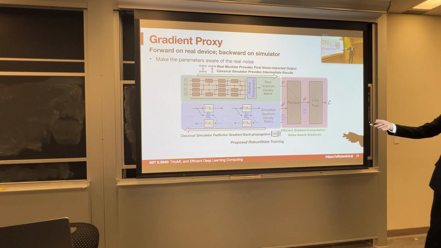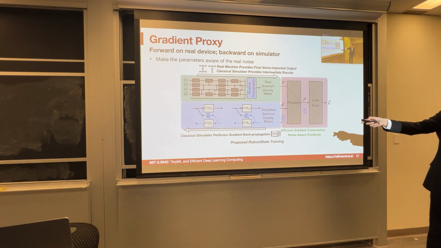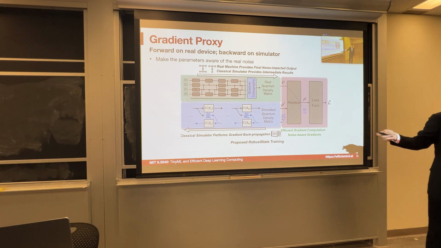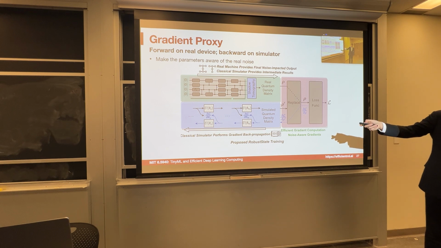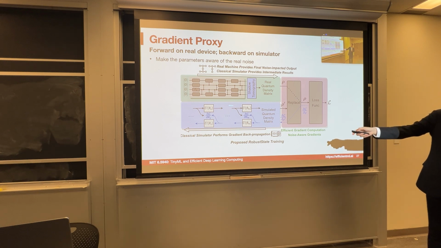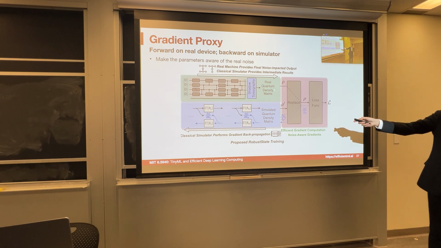And then we can run another simulation in parallel with the real execution of the circuit. Say there are 4 layers here, then I can run the classical simulator for 4 layers and also obtain a density matrix from the simulation. So that's 2 parallel processes: one is the actual device running, another is the simulation. But the simulation doesn't have any noise, while the real device execution is impacted by the noise, right?